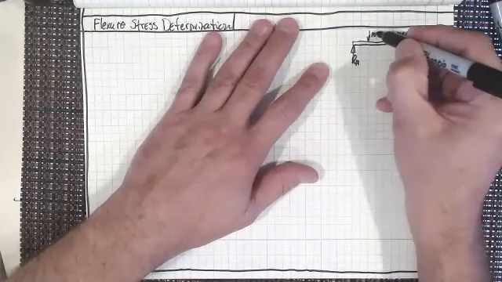So I've got another 10 kilonewtons for 5 meters, plus 10 kilonewtons times 2 meters. All right.